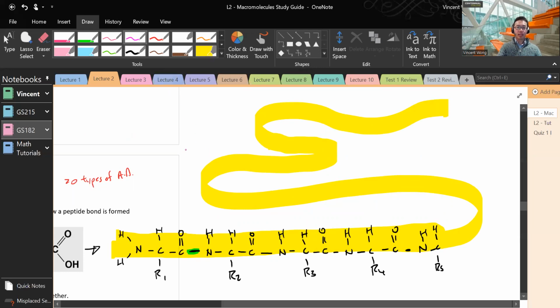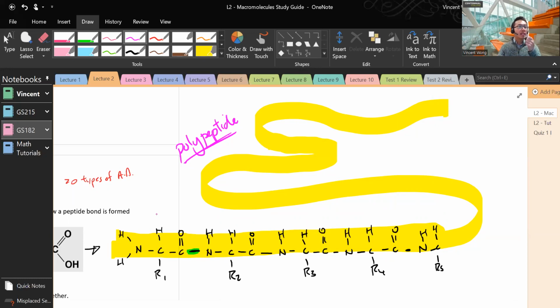So this whole thing is a polypeptide. Remember, before we have monosaccharides, then we get the polysaccharides. And over here, we have the amino acids, which when we link many of them together, we get the polypeptide.